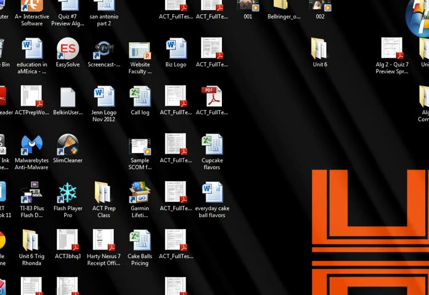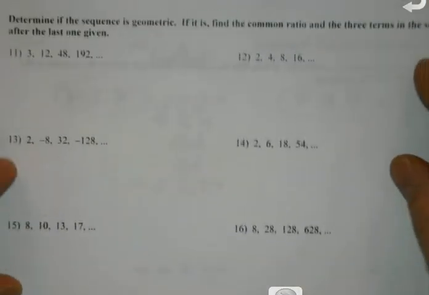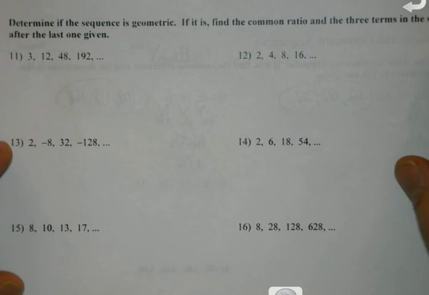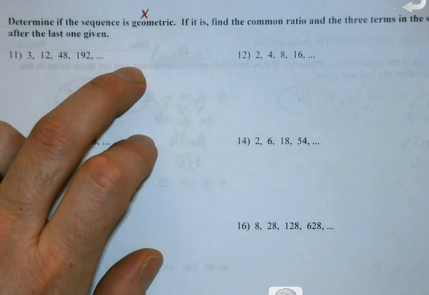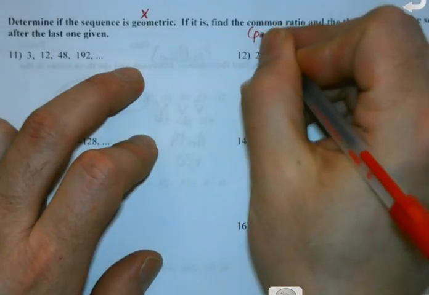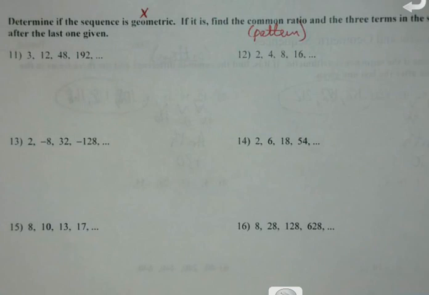When you get to the back of that sheet, determine if they're geometric. Again, geometric is your multiply or divide. Common ratio, again, is just let me know what the pattern is. But they're only going to be geometric if they're anything.